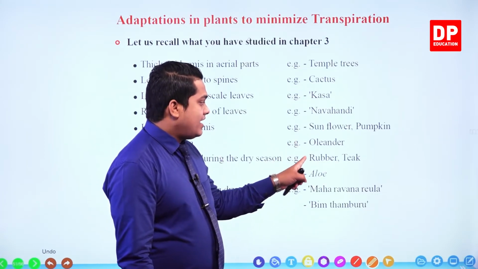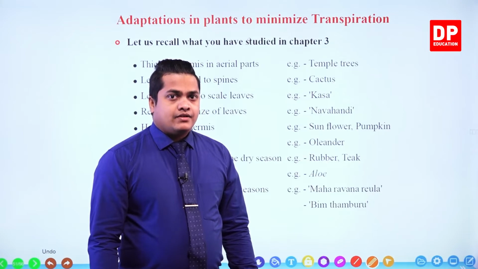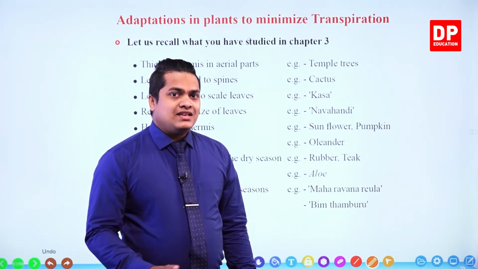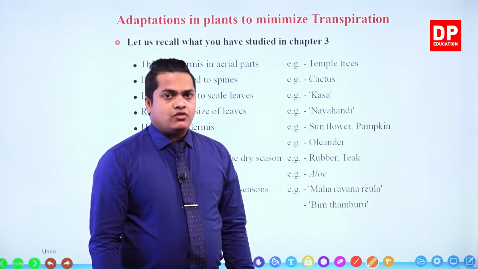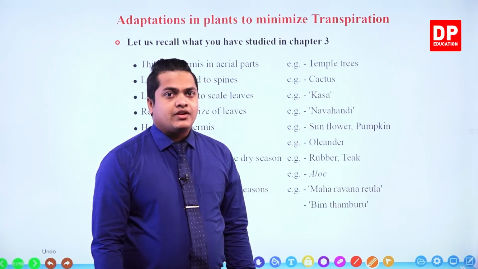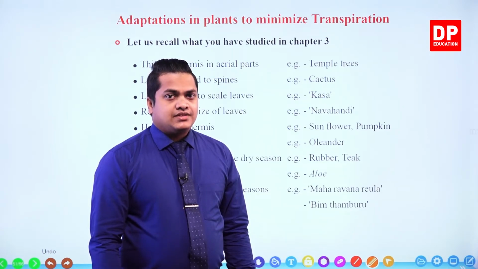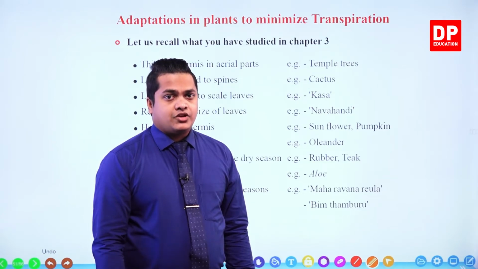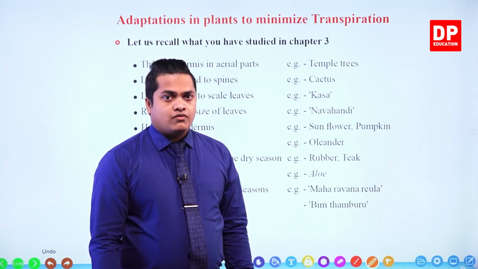Examples are rubber and teak. Why do the leaves fall off? Because of minimizing the rate of transpiration during the drought season. During the sunny or dry season, in order to minimize the rate of transpiration, the leaves come off the plant.